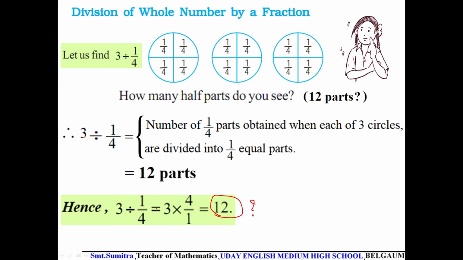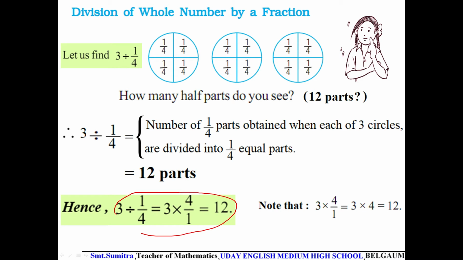Here you please observe, this division is written as multiplication and the reciprocal of 1 by 4 is written here, 4 divided by 1. And we know that 3 into 4 is 12. No doubt. This is a very important fact.